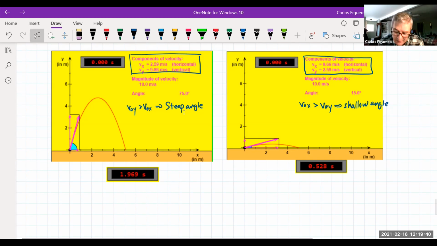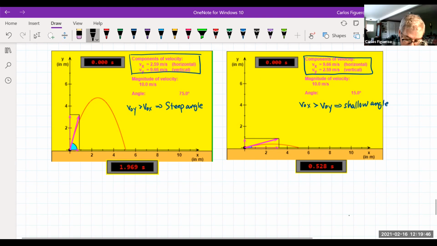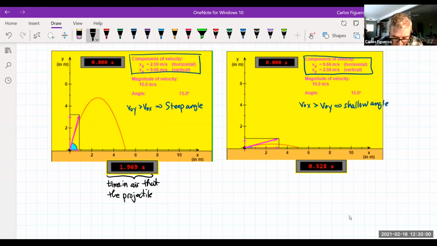But one of the things that I want you to really pay attention to is this right here: this is the time in air that the projectile flies. And of course, this is also the time. Now note the difference here.